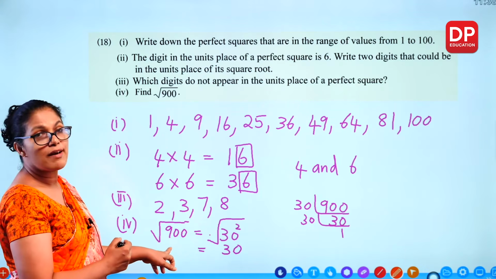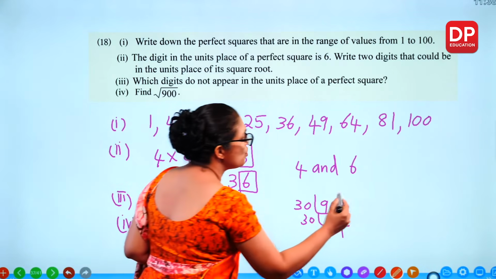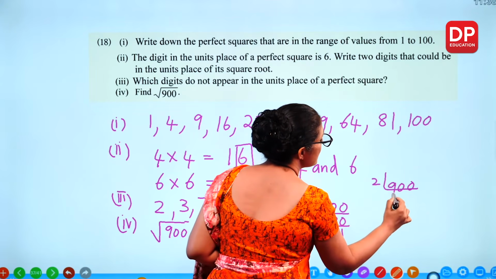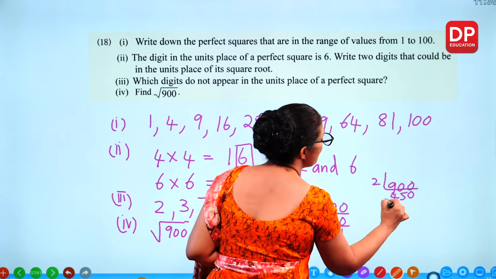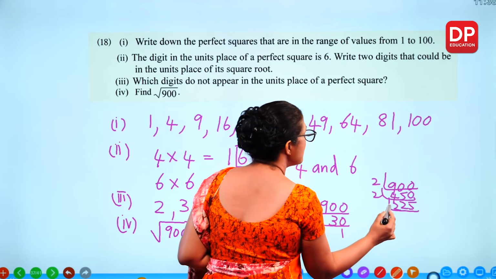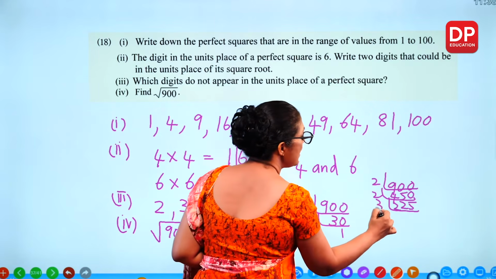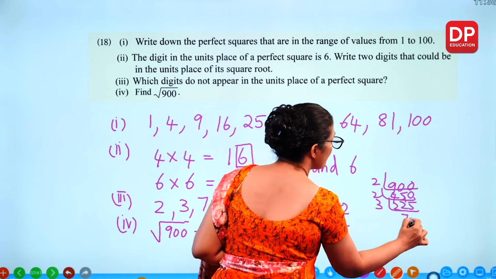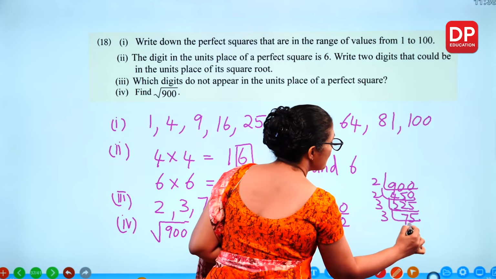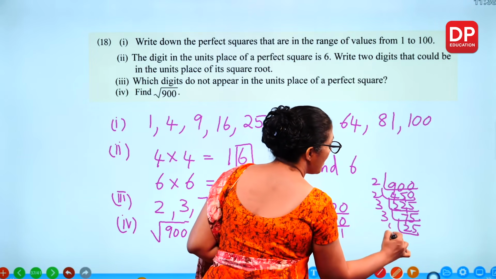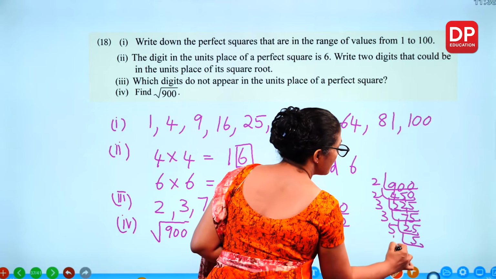If you can't figure it out at once, you divide by prime factors and see. 900 divided by 2 is 450, 450 divided by 2 is 225, 225 divided by 3 is 75, 75 divided by 3 is 25, and 25 is 5 times 5.